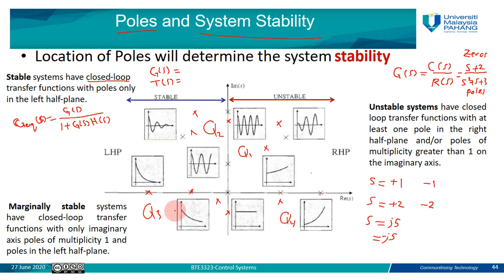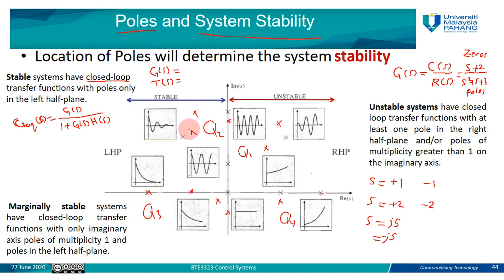Okay, so now if we have an open loop transfer function, we need to find first its closed loop transfer function by applying the simplification method that we learned before for the feedback control system. Then we find where the poles are located for this transfer function. After we define where the poles are, we can decide if this system is stable or not.